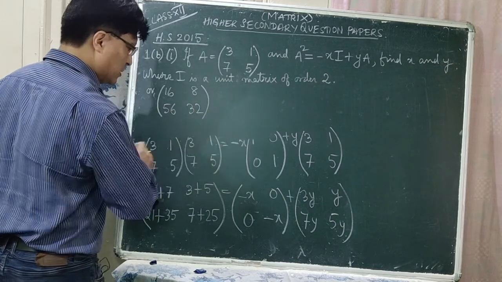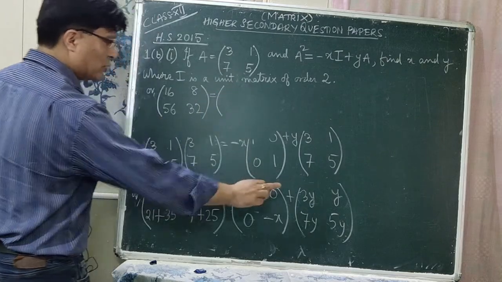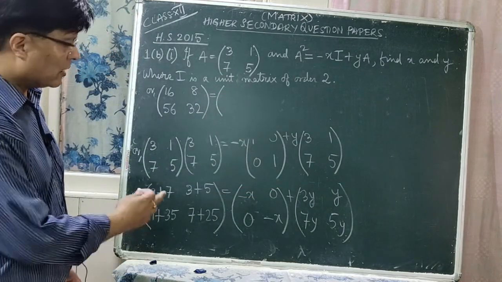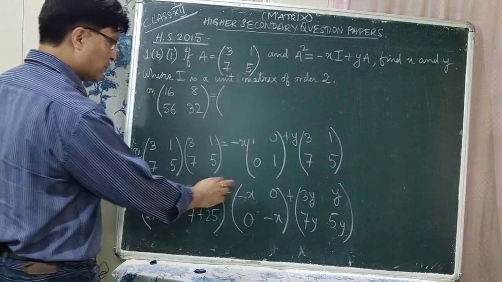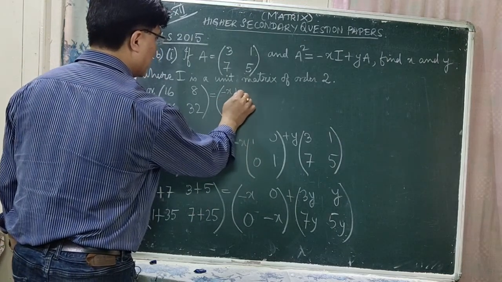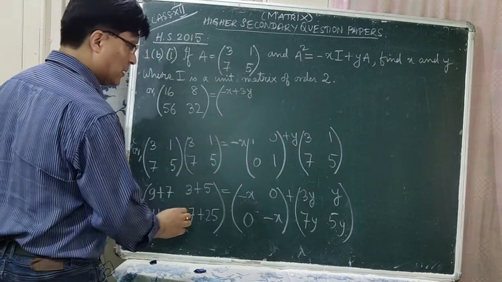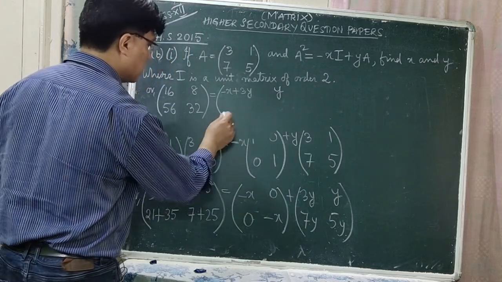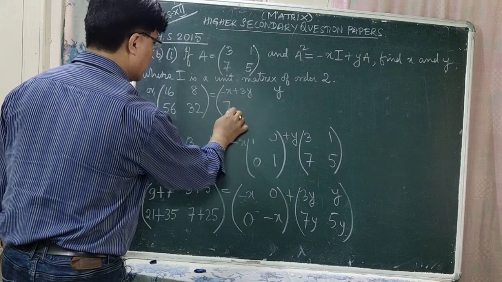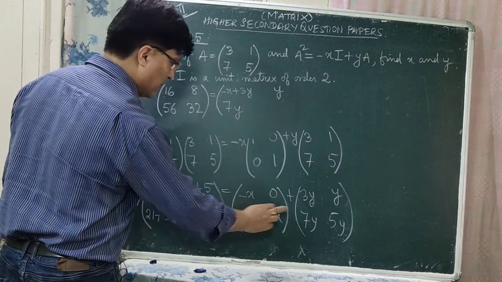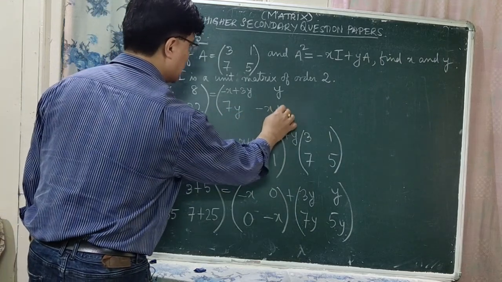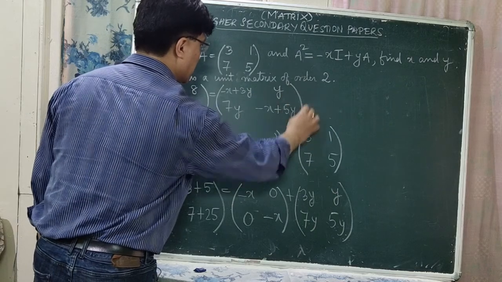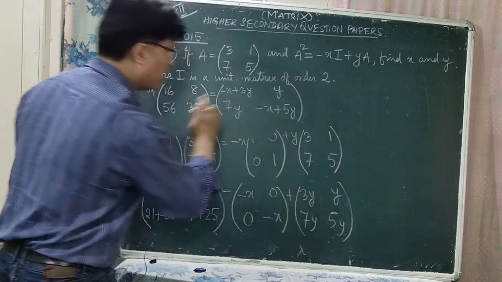And the next one is equal to, you can add those two matrices because they are of same order. So minus x plus 3y, next 0 plus y is y, next 0 plus 7y is 7y, then minus x plus 5y.